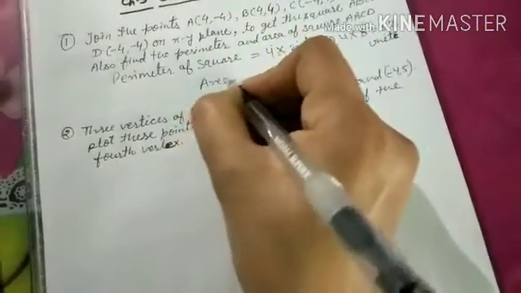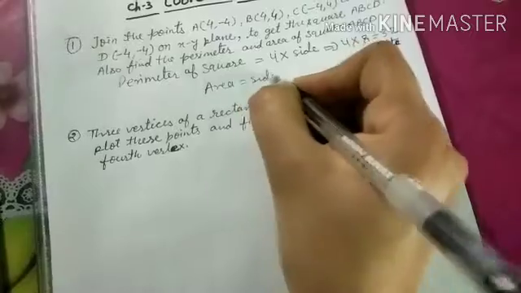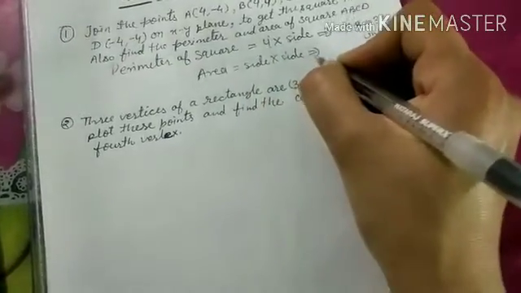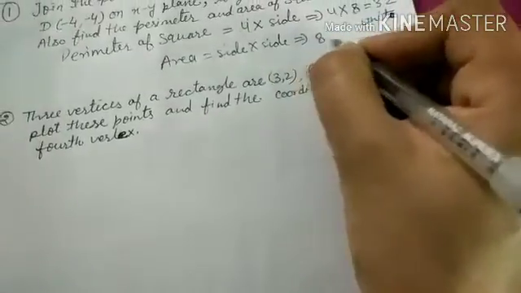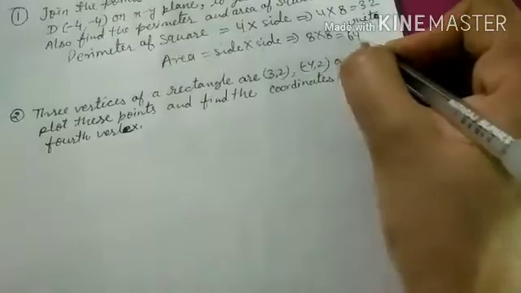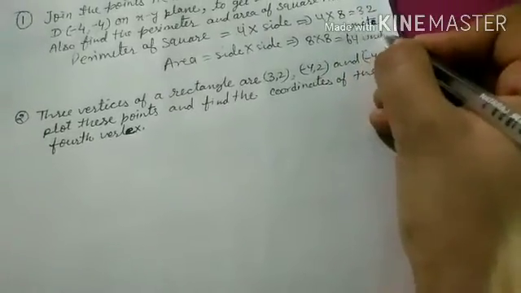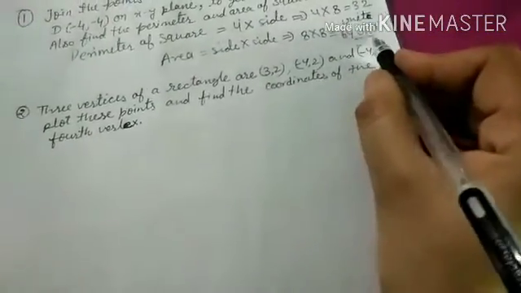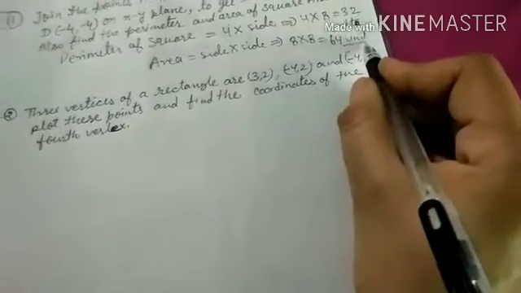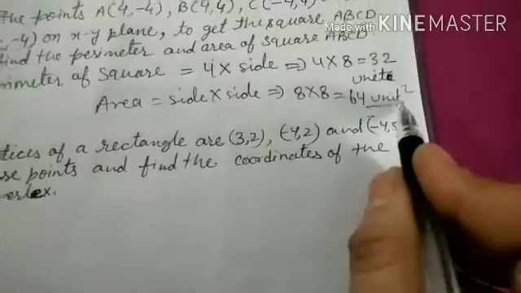Area of the square is side into side, and we have the side of 8. So 8 multiplied by 8, that is 64 unit square. We are using unit here. Unit can be centimeter, millimeter, meter, anything it can be. So we are using unit square here.